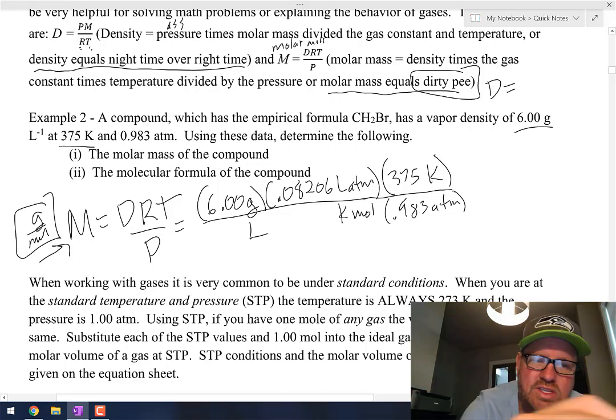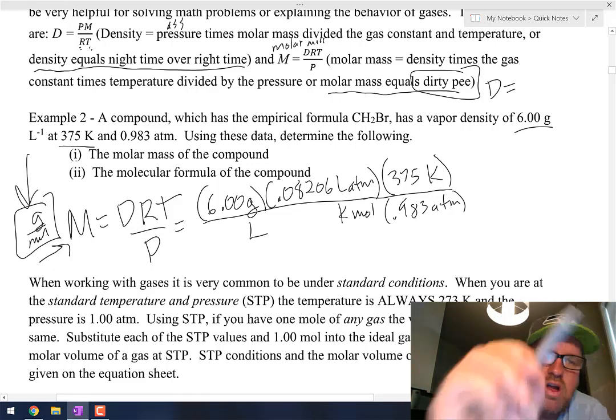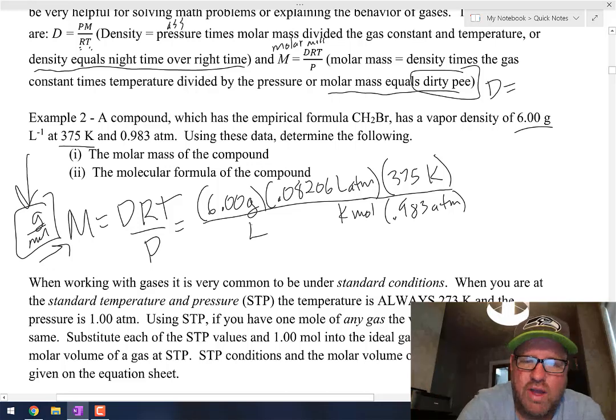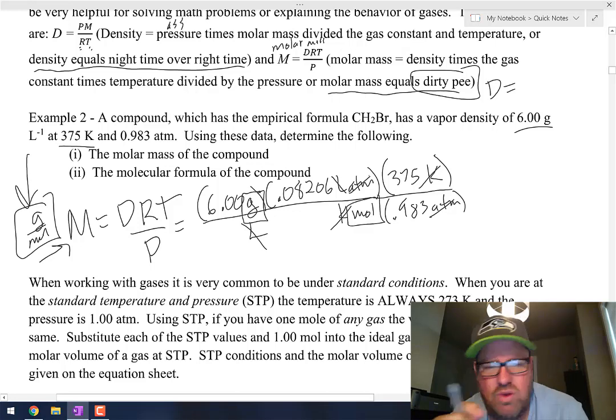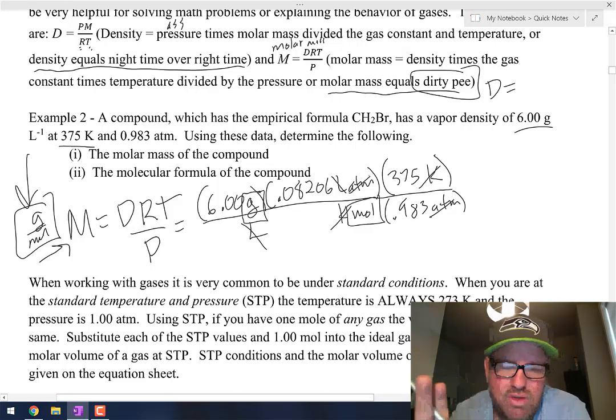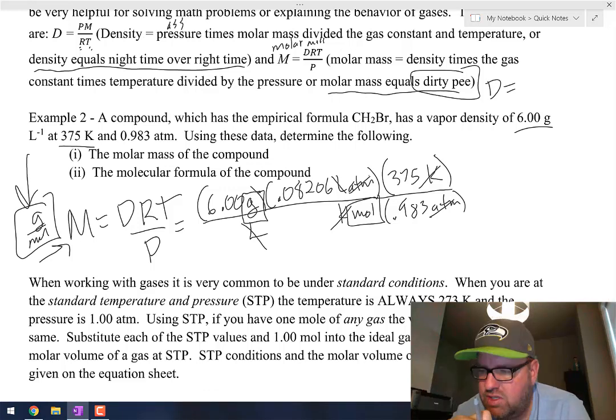How do we know we have it set up correctly? If we have our units left over correctly. Liters and liters cancel. Atmospheres, atmospheres cancel. Kelvin, Kelvin cancel. Notice what we have left: grams on the top and moles on the bottom. That's why units are so helpful. I hated them too when I was learning how to do this, but they're really, really helpful.